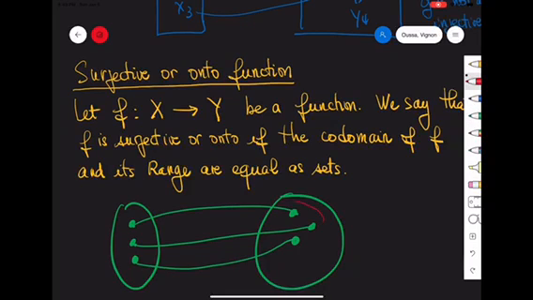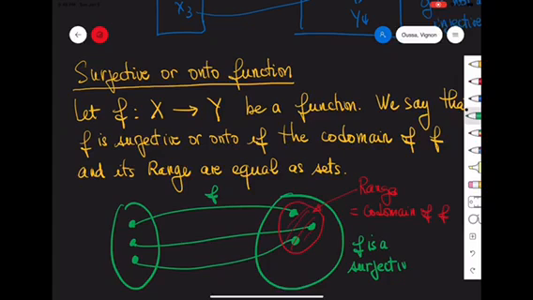Notice that here is the range of the function, and it's also the codomain of the function. Call it f. So f is a surjective function.